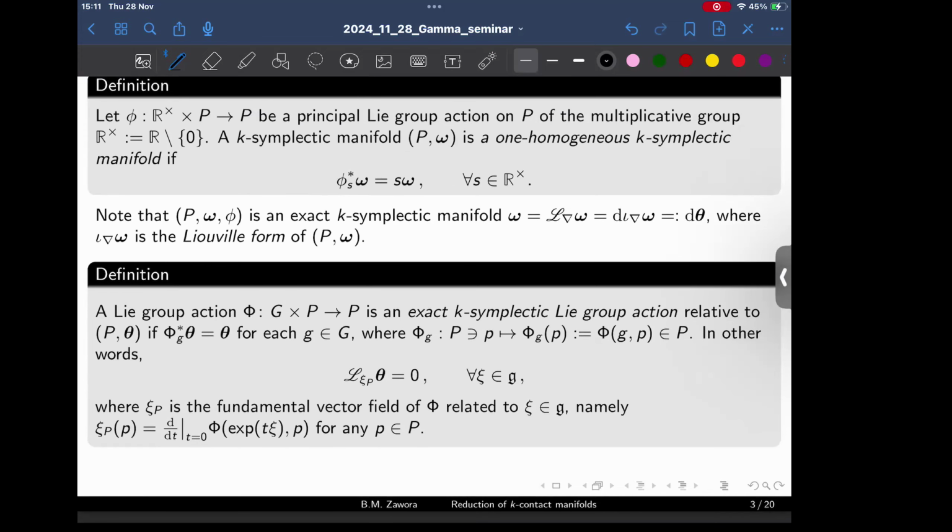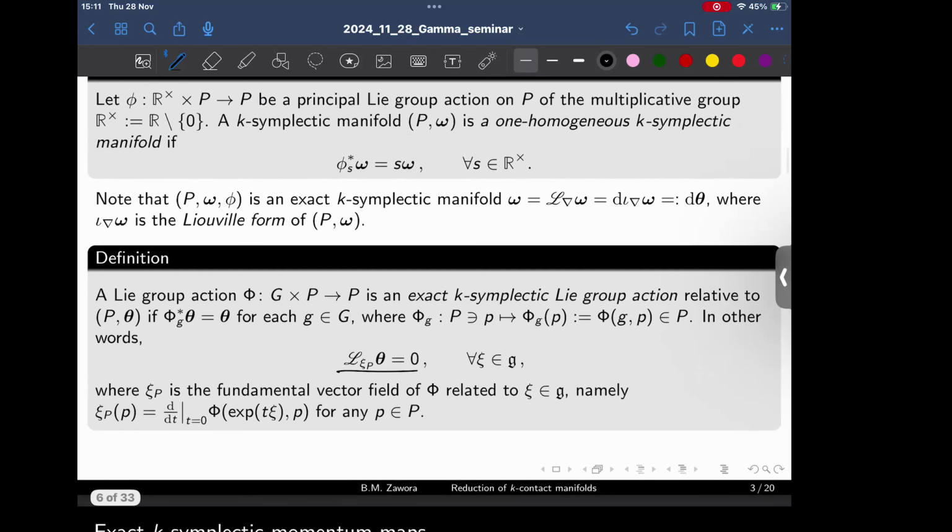Okay, since we want to perform a reduction, we have to have symmetries, and so we define a Lie group action to be an exact K-symplectic Lie group action relative to an exact K-symplectic manifold if the action leaves invariant the tautological form.